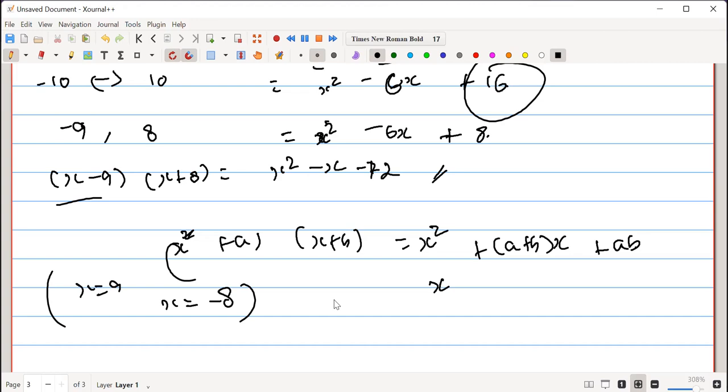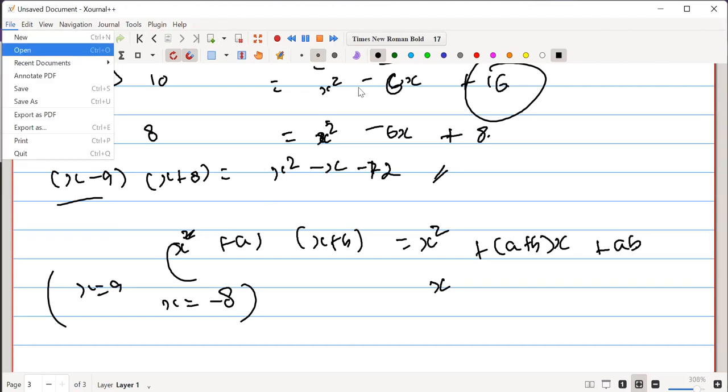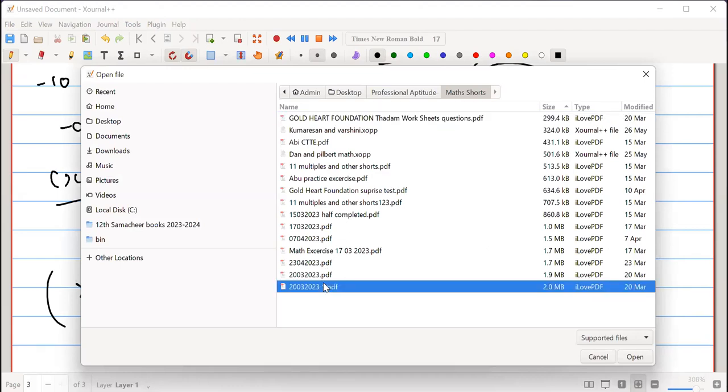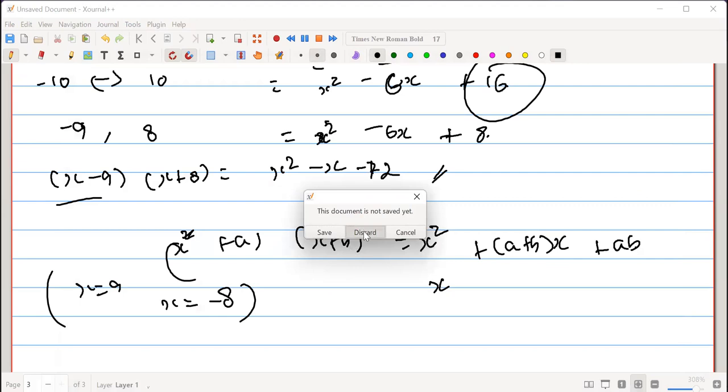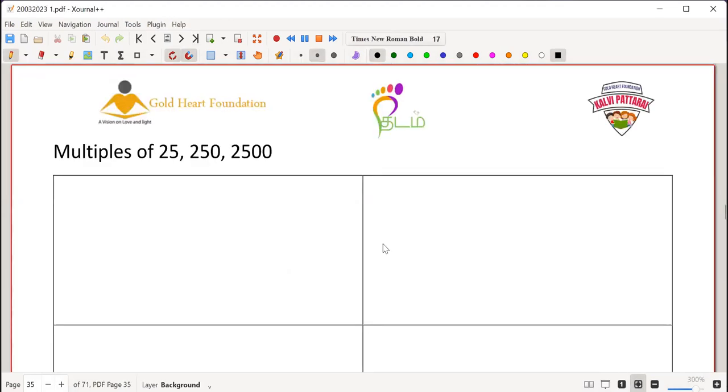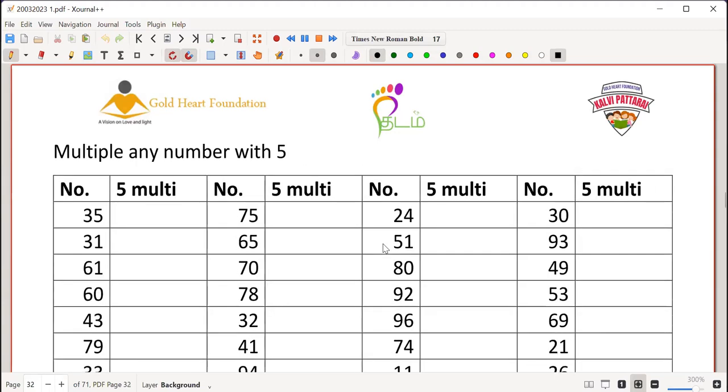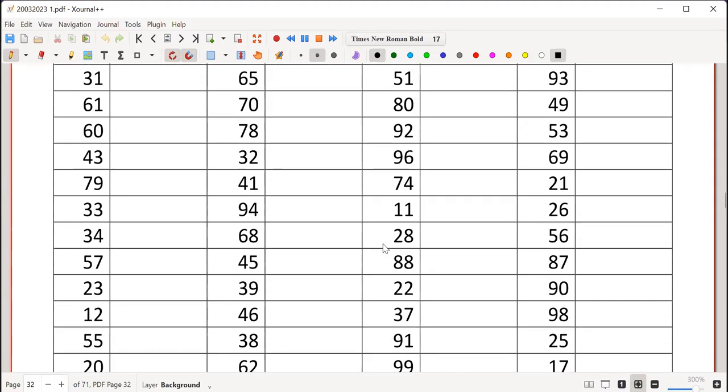Right? The first thing you have to do is make sure to work on your addition and subtraction. Right? I'm going to select some numbers for you.